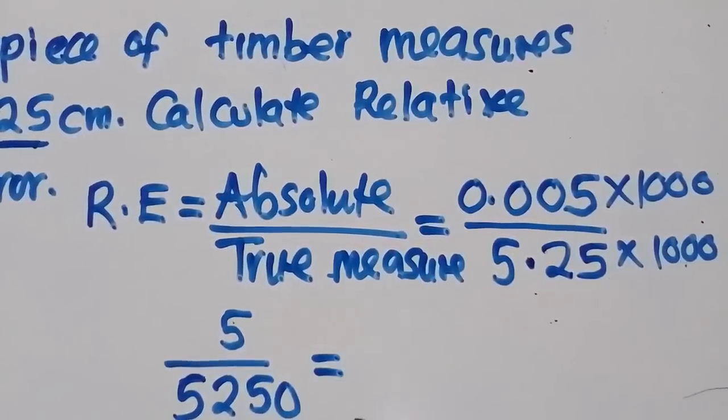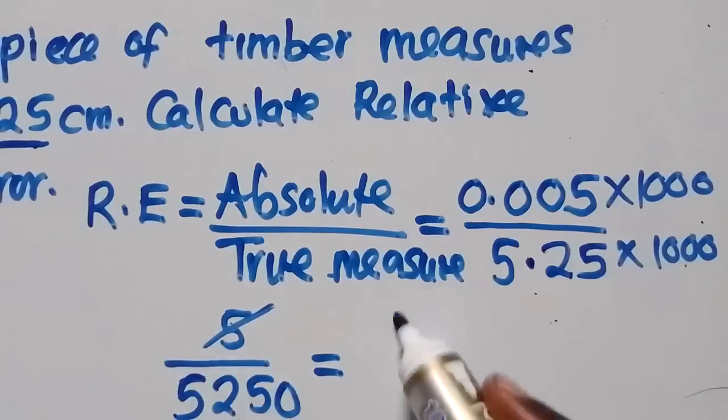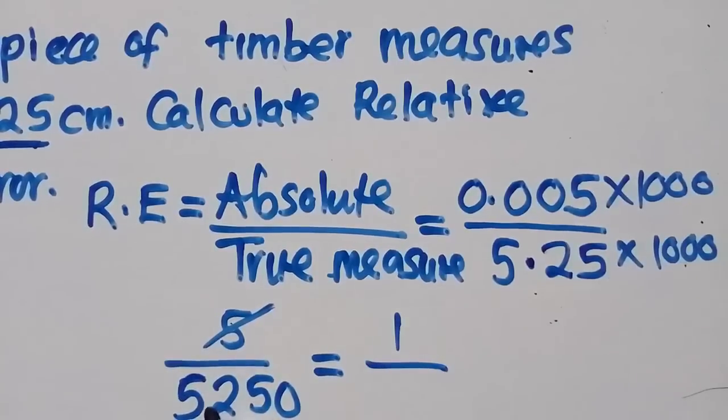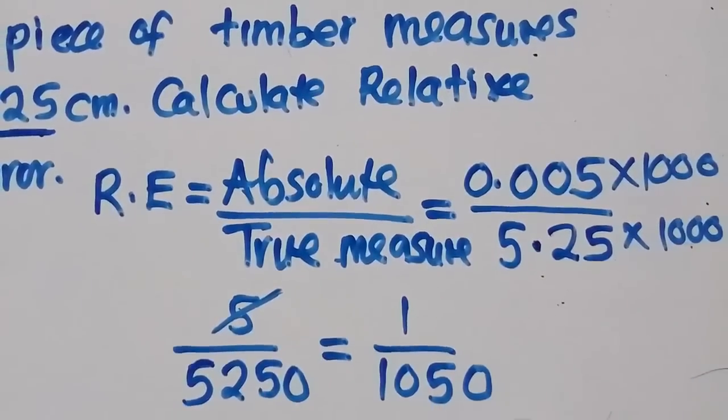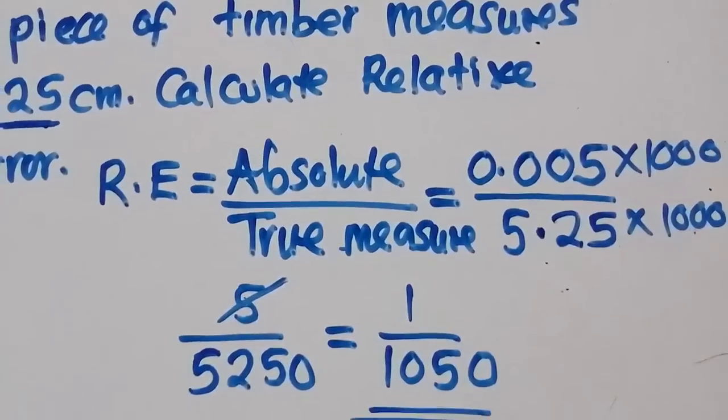So how can you answer this question? 5 over 5250 gives 1 over 1050. So this is how you calculate the error. You are done. This is your answer. Just need to calculate it that way.